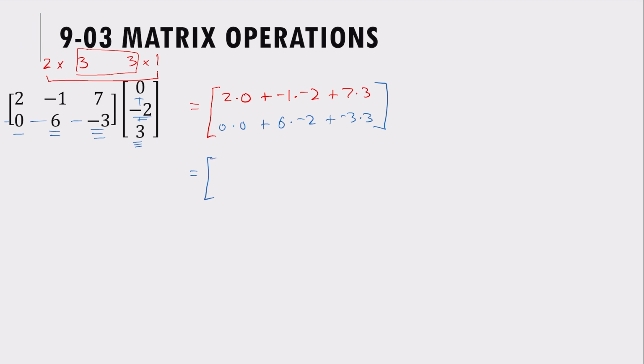So it looks like we have 0 plus 2 plus 21. Second row is 0 plus a negative 12 plus a negative 9 is negative 21. Notice that is 2 rows, 1 column, just like we predicted.